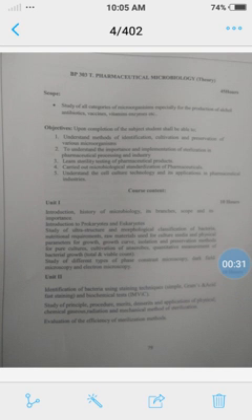There are 4 subjects in semester 3: Physical Pharmaceutics 1, then Pharmaceutical Microbiology, then Pharmaceutical Organic Chemistry 2, and Pharmaceutical Engineering.